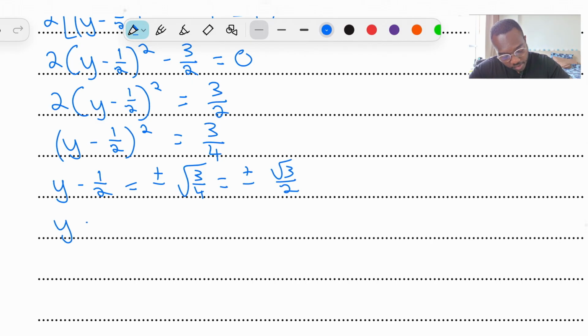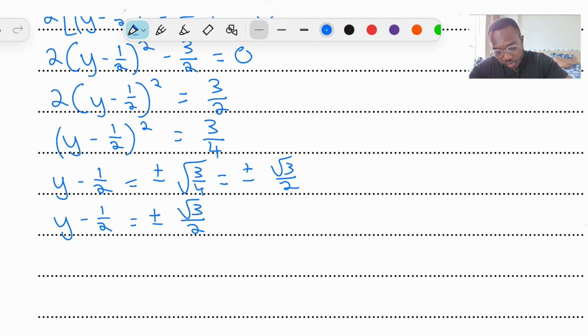So we get y minus a half is equal to plus or minus root 3 over 2, and therefore we have y is equal to a half plus or minus root 3 over 2.